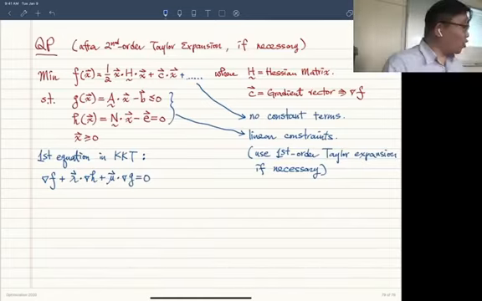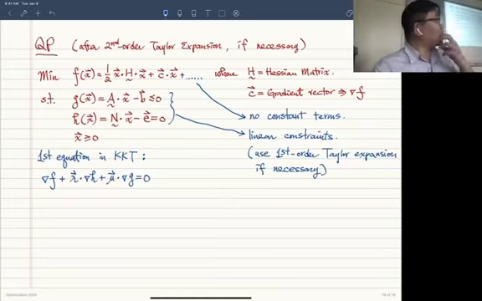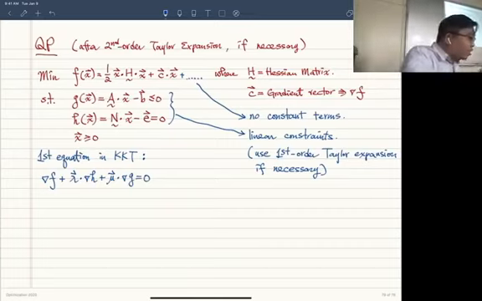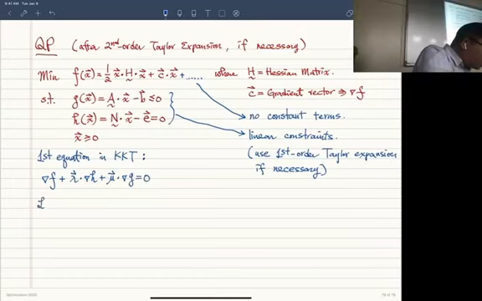This is the so-called sensitivity analysis, because whenever we are checking the gradient, we are checking the sensitivity of functions. So there's a way of formulating this equation, the so-called Lagrangian.